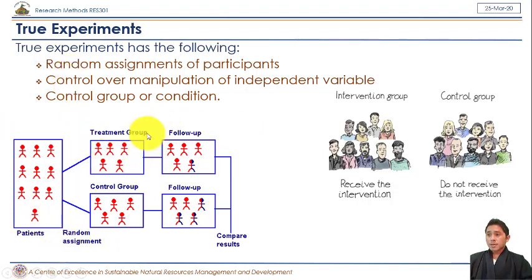The second one is that we have control over the independent variable. Let's say this group of people is assigned randomly as a treatment group, and we want to test one drug. We want to test whether that drug is good for us or not.